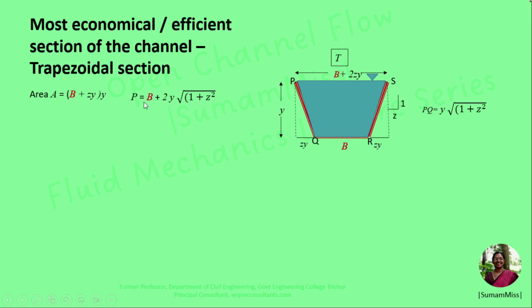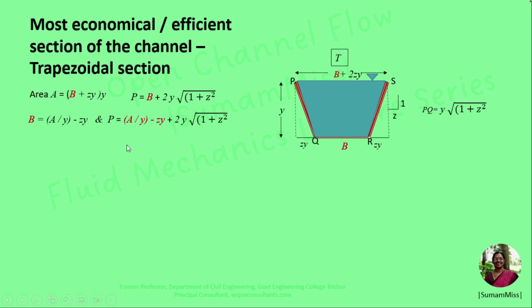Now B is replaced by A by y minus zy, and substituting, the expression for wetted perimeter becomes P equals A by y minus zy plus 2y into root of 1 plus z square.